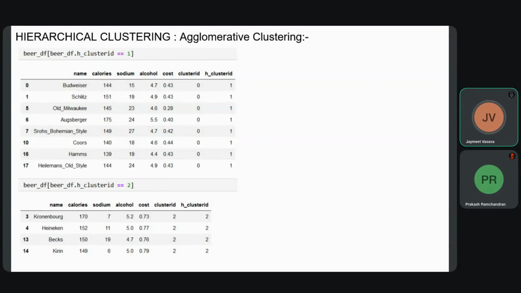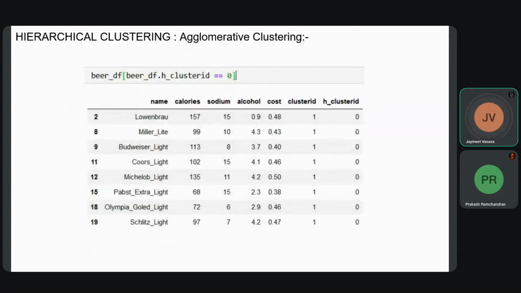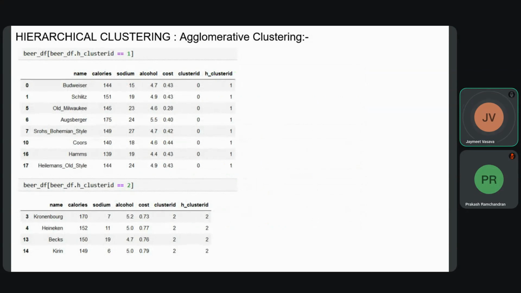So apart from a bit of interchange of cluster ID 0 and 1, there is nothing different. The hierarchical clustering is grouping the same kind of brands, with the only difference being the cluster IDs. You can see in cluster ID 2, the cluster ID and the edge cluster ID are both 2.